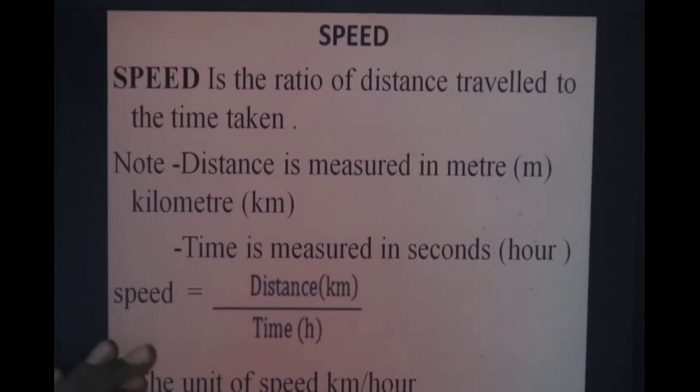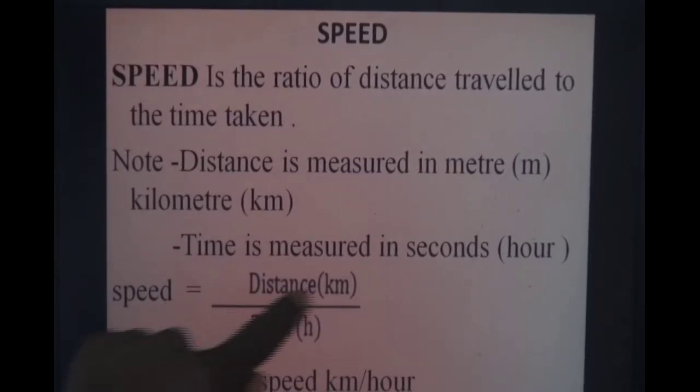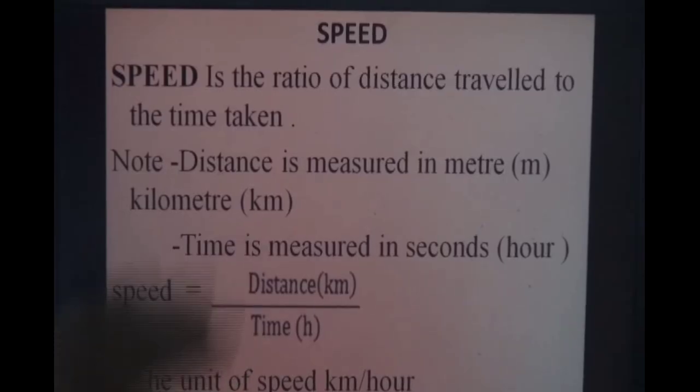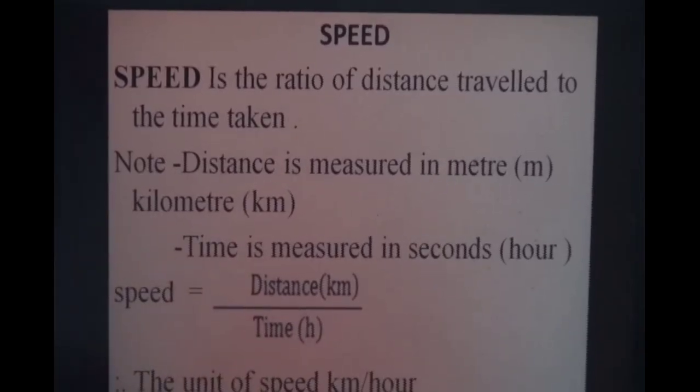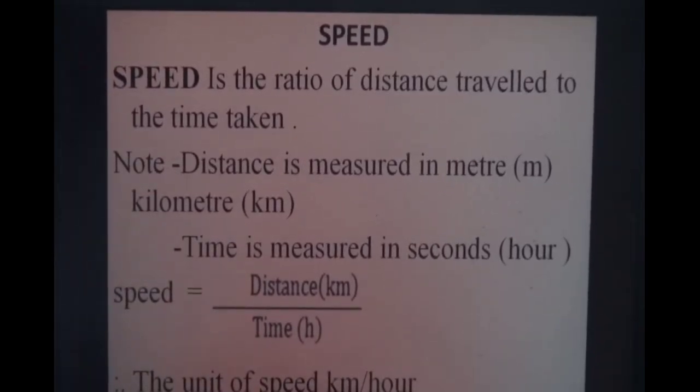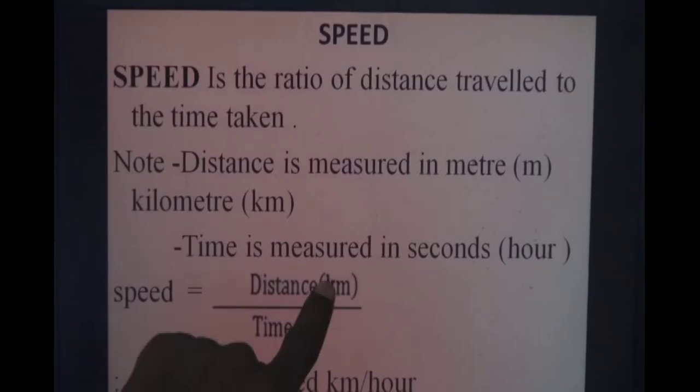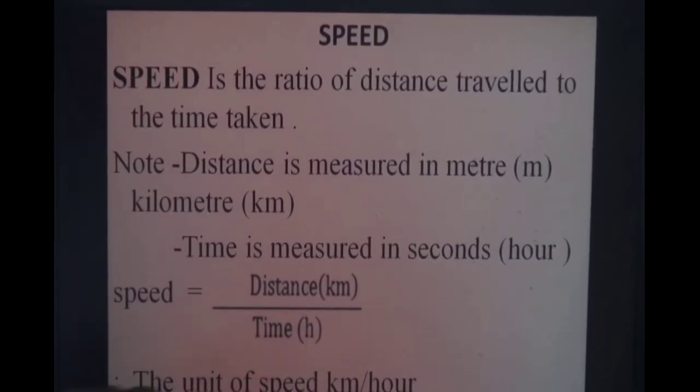So for speed, you take the distance and divide by the time, distance over time. Then the unit of speed is kilometer per hour, that is to say kilometer divided by hour. Therefore, when talking about speed, you mean distance over time.